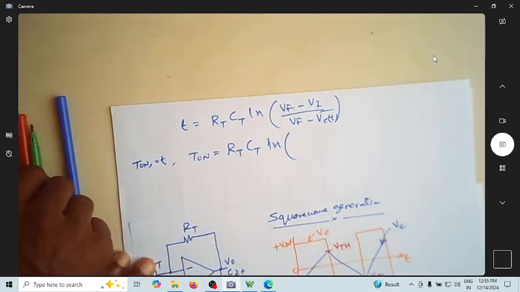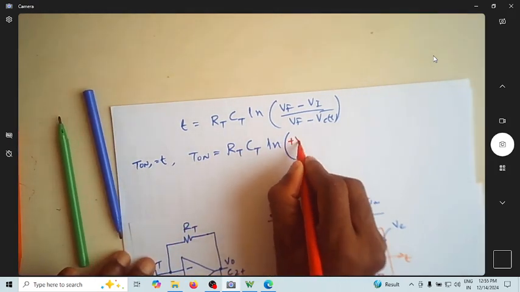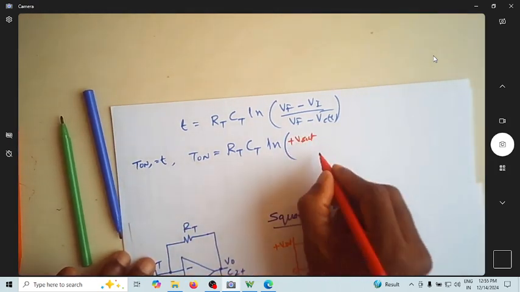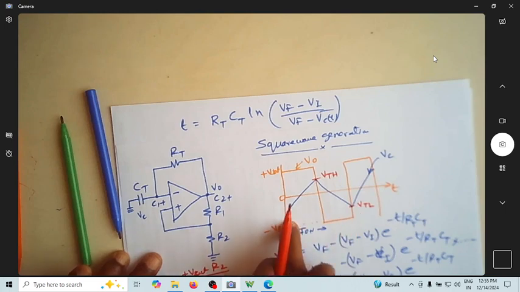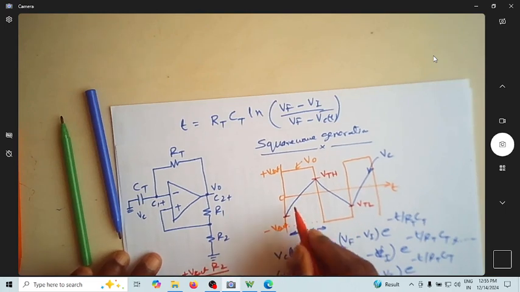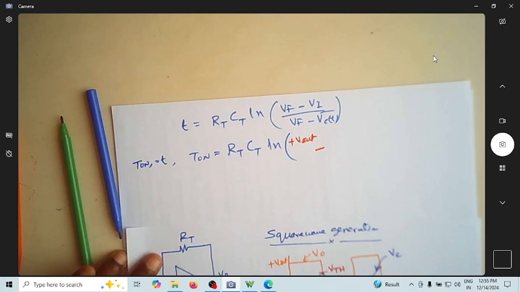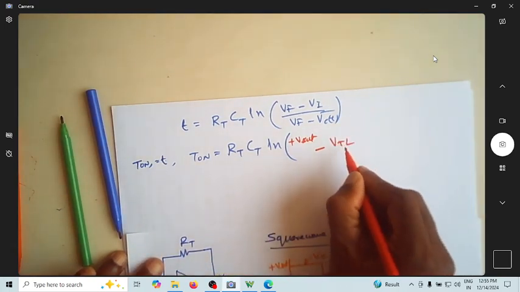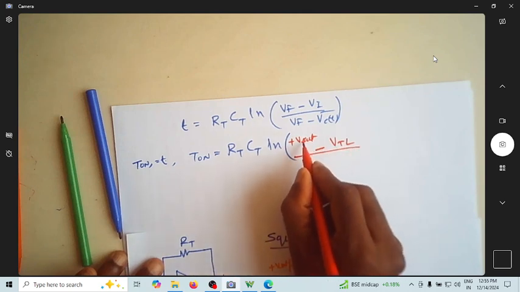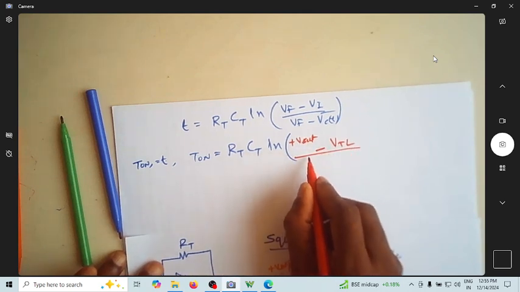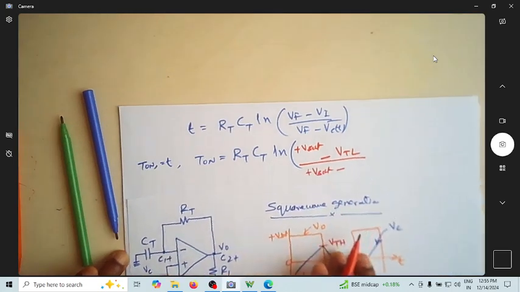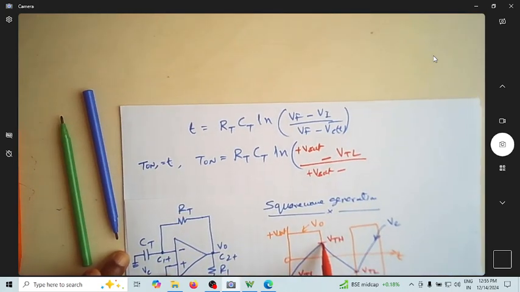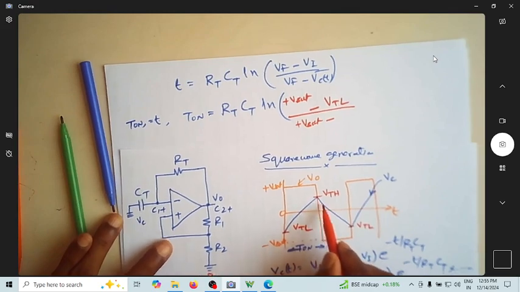Minus V initial: we know that for finding T on, the V initial is VTL, so minus of VTL, divided by plus Vsat minus Vc of t at t is equal to T on.